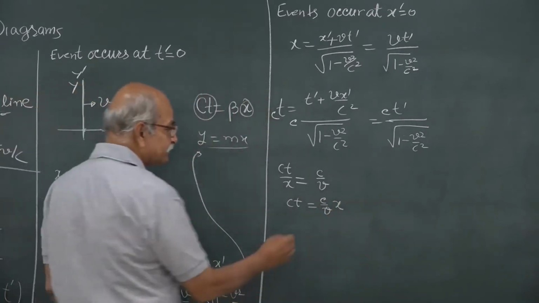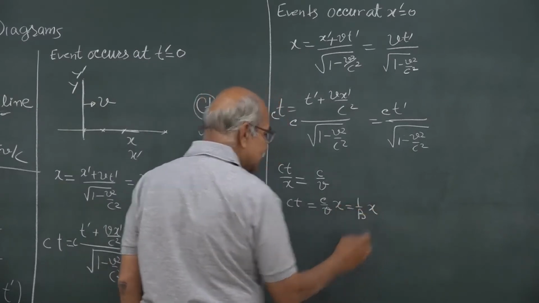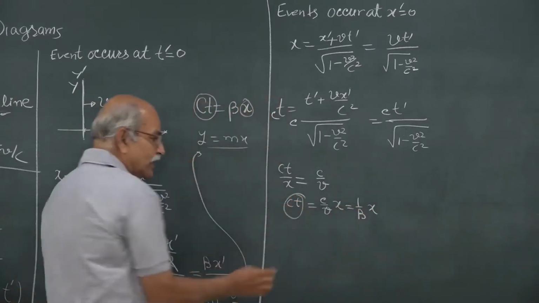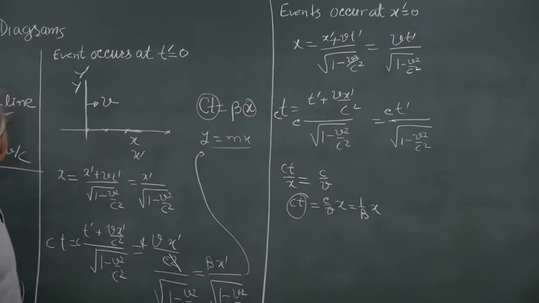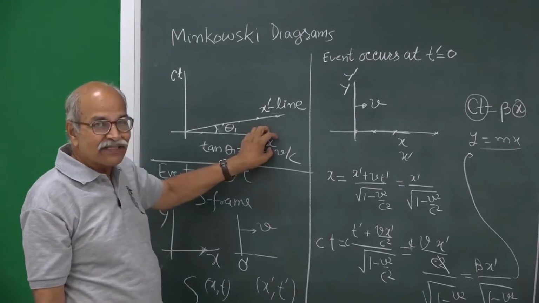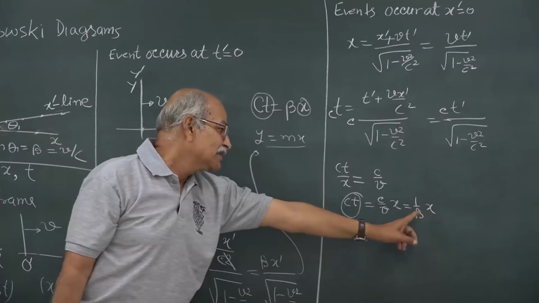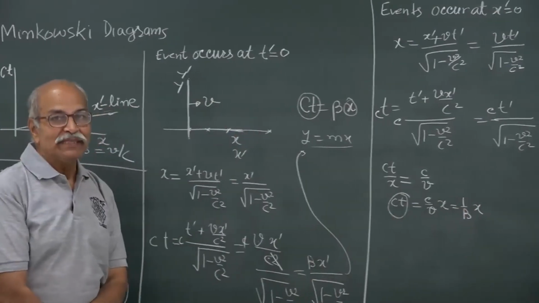This is 1 by beta times x. Once again, it is a straight line. This is your vertical coordinate Ct, and this is the horizontal coordinate x. So, once again, y equal to mx type, but this time the slope is 1 by beta.